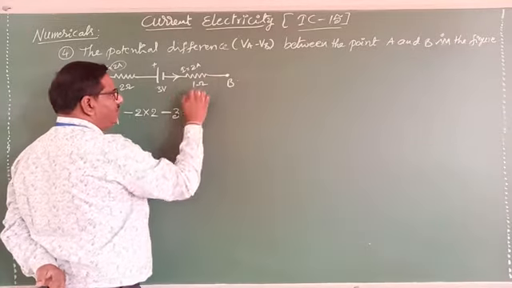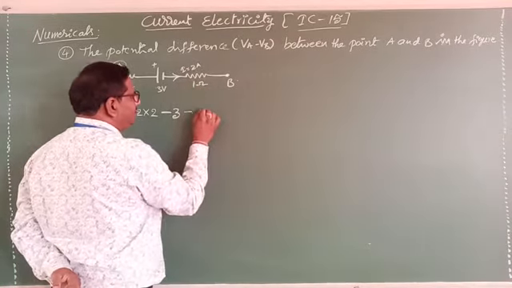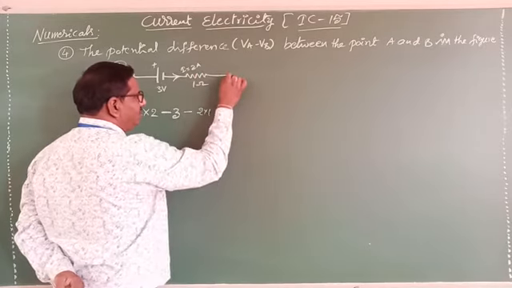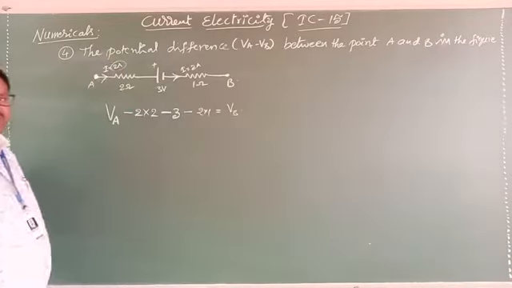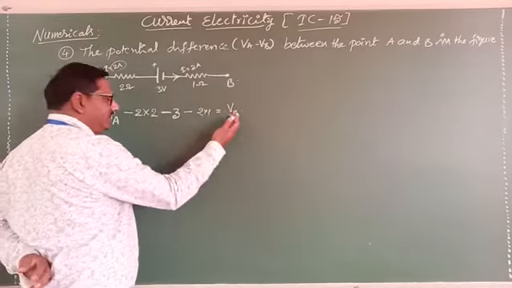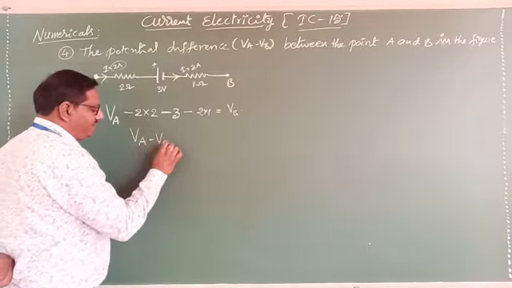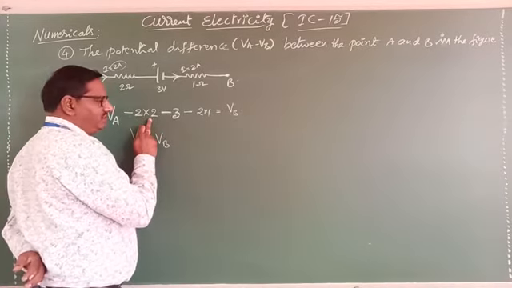Now what can I write here? Very simple. The current is 2 into resistance 1 ohm, that is equal to the potential at point B. Now this potential we take to this side. Then VA minus VB, here minus 2 into 2, how much is it?